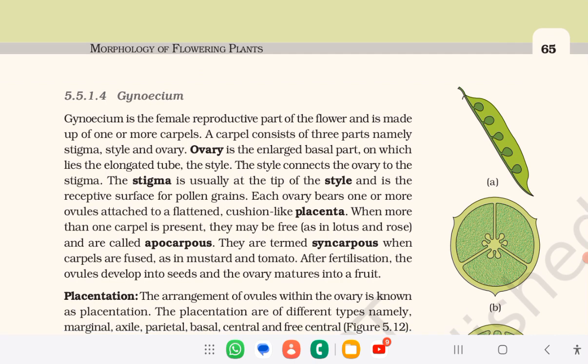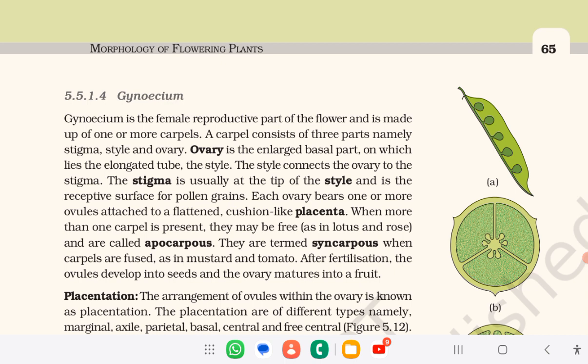Number fourth part, gynoecium. Gynoecium is the female reproductive part of the flower and is made up of one or more carpels. A carpel consists of three parts, namely stigma, style, and ovary.